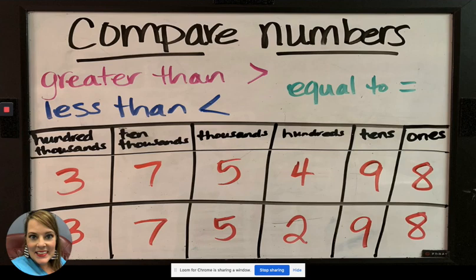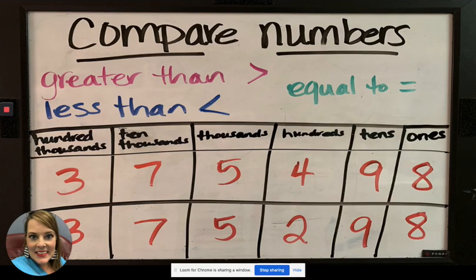We're going to start left to right because you want to start with the highest value digit first when you're comparing numbers. So we're going to start and look in the hundred thousands place, and you'll notice that the top and bottom number both have a 3. So then now we move to the next place value, 10,000s. And again, same number. They both have a 7. So then we move to the next number, which is in the thousands place, and they both have a 5.